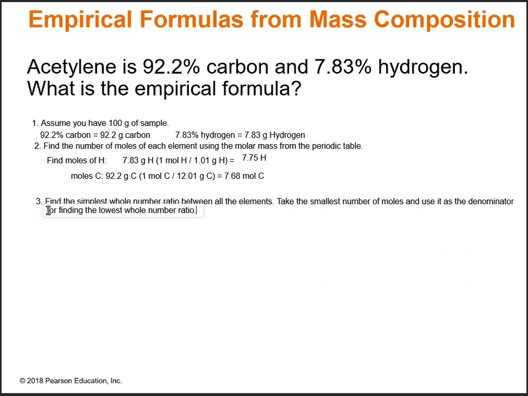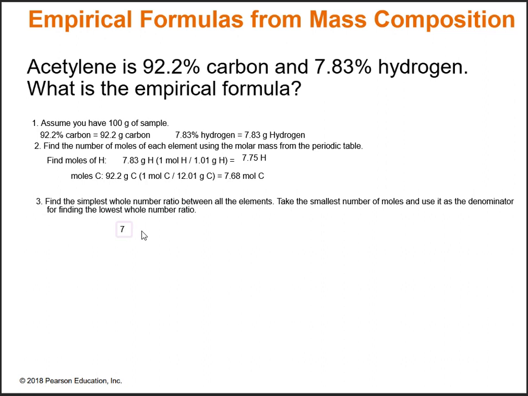Yes. So when you take those two and divide them, you should get something in the ballpark of 1. That's not always going to be the case. But once again, we get 1.01.